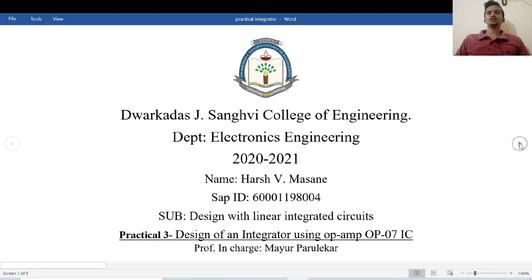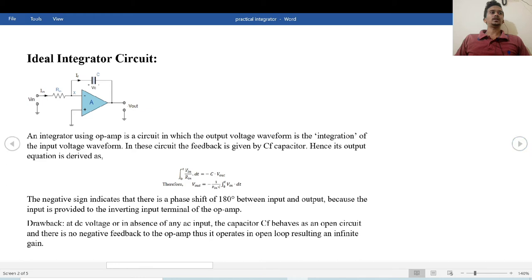So what is an integrator circuit? An integrator circuit is a circuit in which the output voltage waveform is an integration of the input voltage waveform. This circuit is similar to the inverting amplifier. Here we just replace the RF resistor with a CF capacitor.